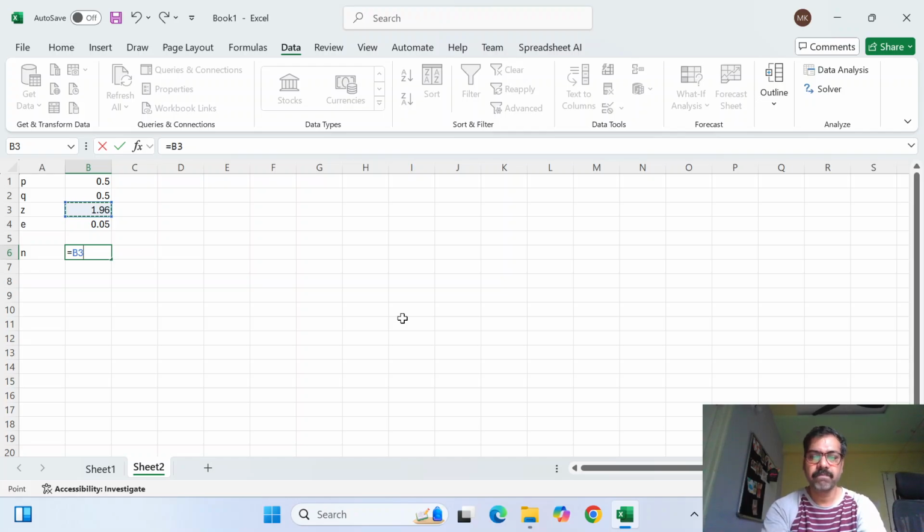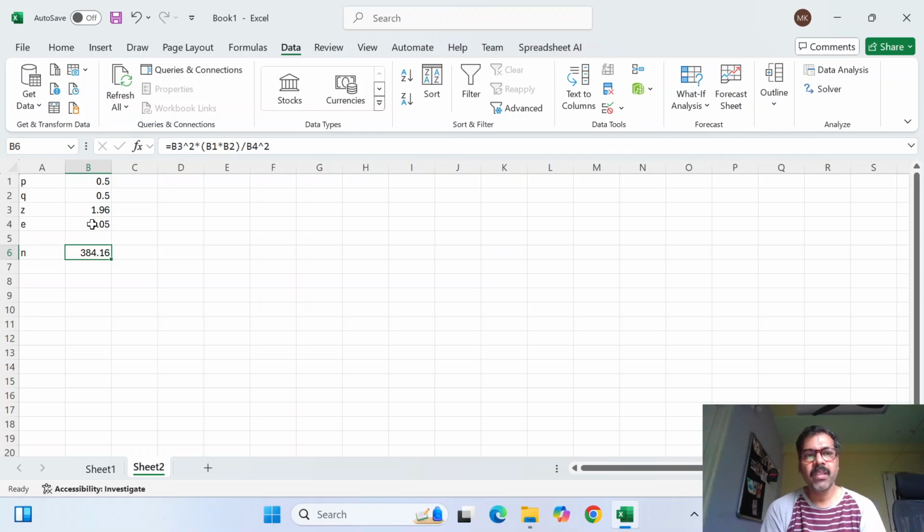So Z square times PQ, where P is here, times Q, and now divided by E square. You can just go online and find what it is. Now obviously this is a constant value, 384 closely.